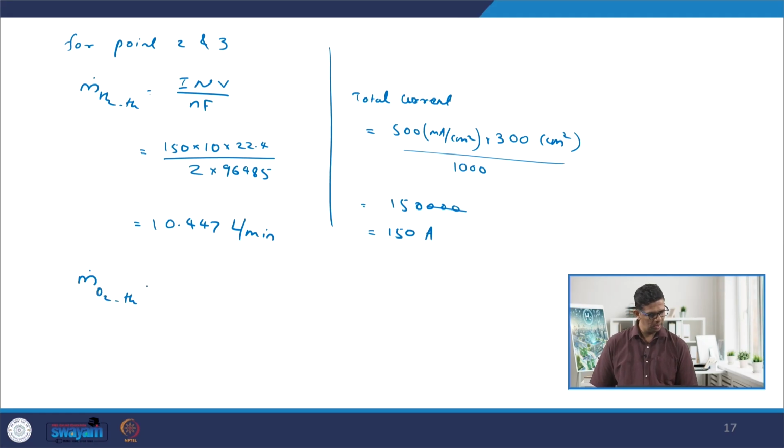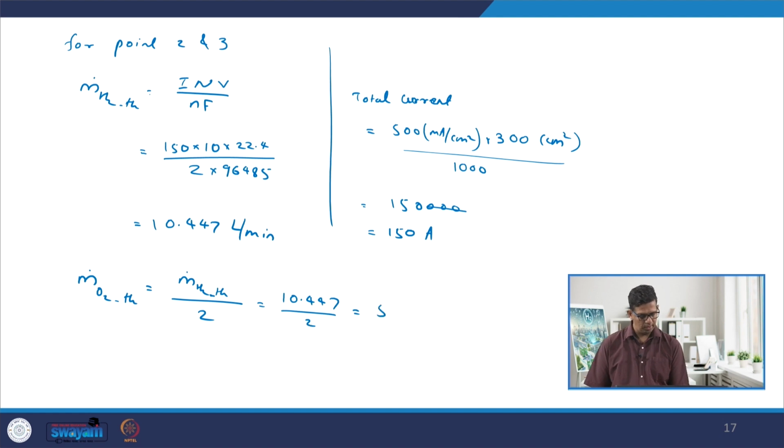This will also be theoretical. So, this is half of the theoretical flow rate of hydrogen. So, it is 10.447 by 2, comes close to 5.2236 liters per minute. So, let us go ahead and find it for the third point.